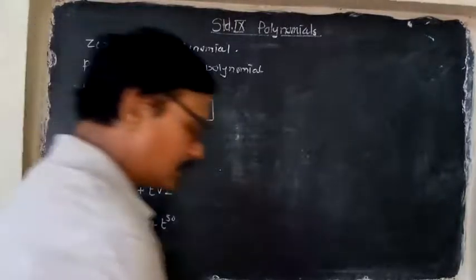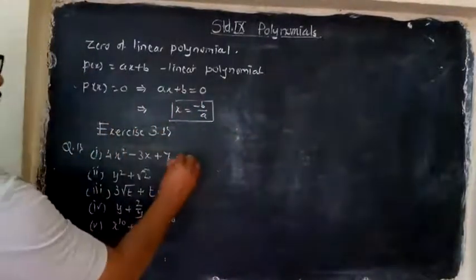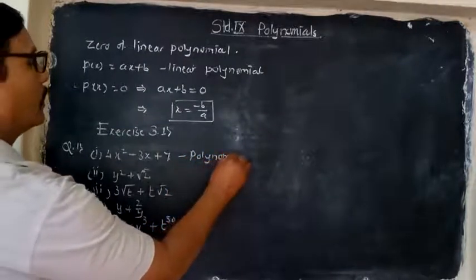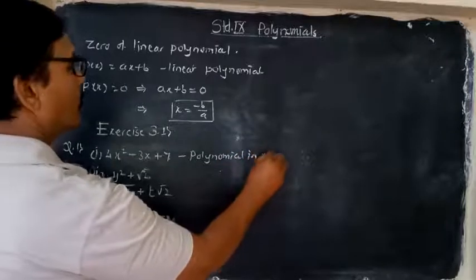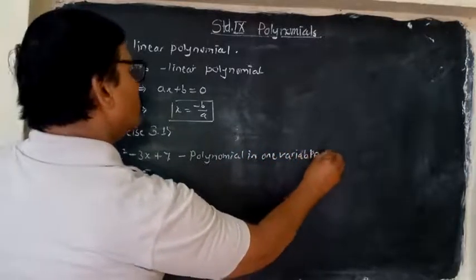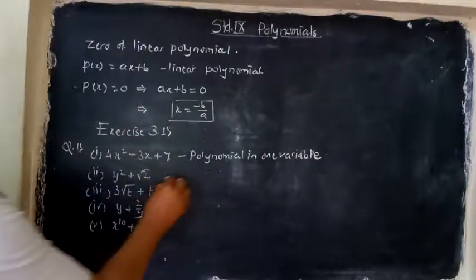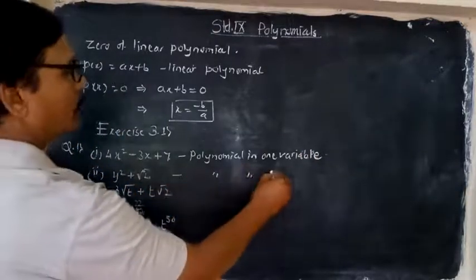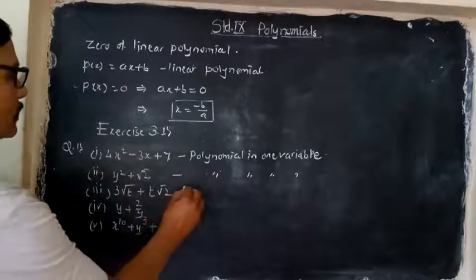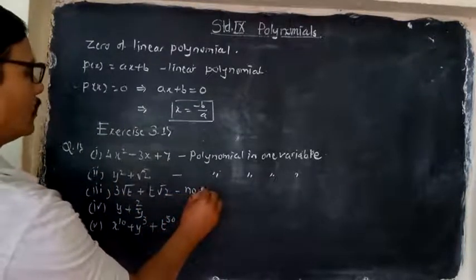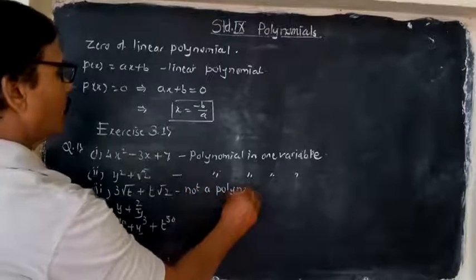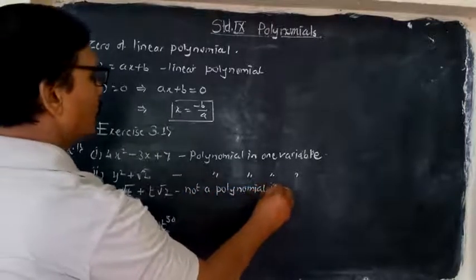Now what can we say about first? This is polynomial in one variable. Why? Because it has only x as variable. This is also polynomial in one variable, second one. Now what can we say about this? This is not a polynomial in one variable.